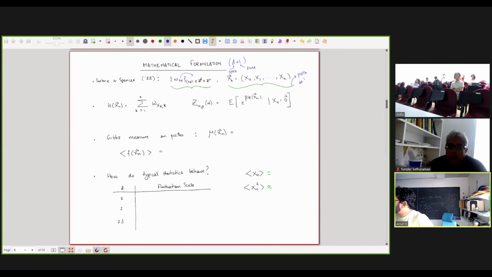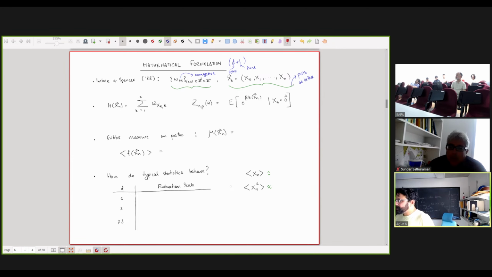This model is on the lattice. So it's a lattice path. So these weights are typically non-negative, and so they're attractive impurities. And so the energy of a typical path is the sum of the weights it encounters.